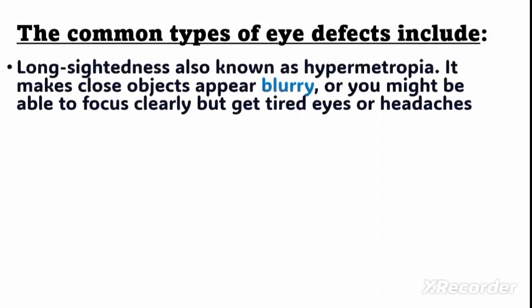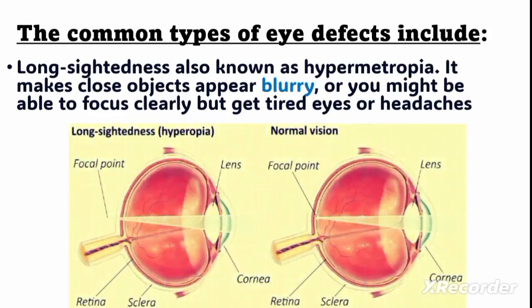We are also going to look at long-sightedness, also known as hypermetropia. It makes close objects appear blurred. So you might be able to focus clearly, but get tired along the way. So what is causing long-sightedness?